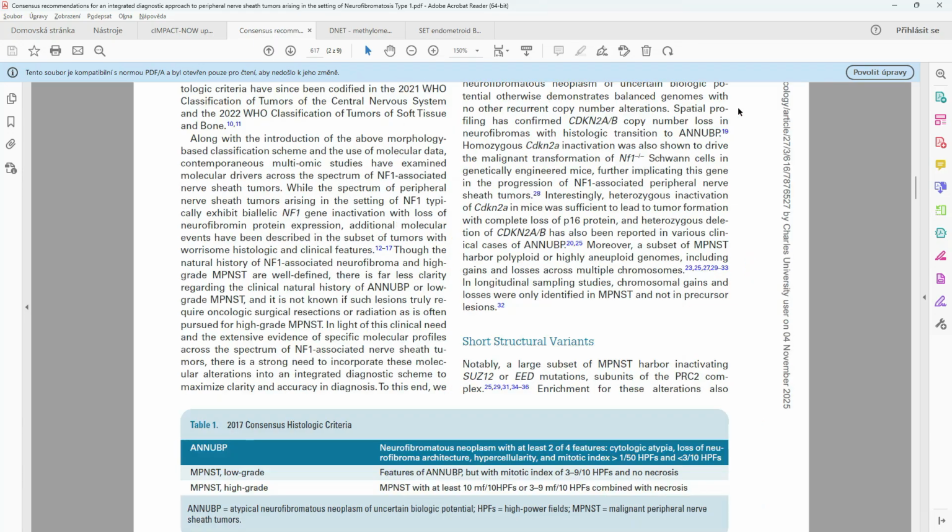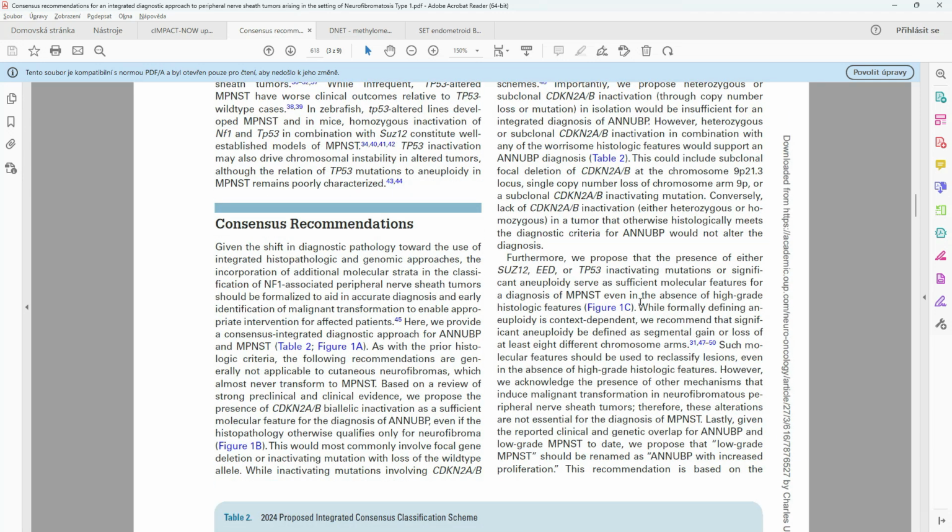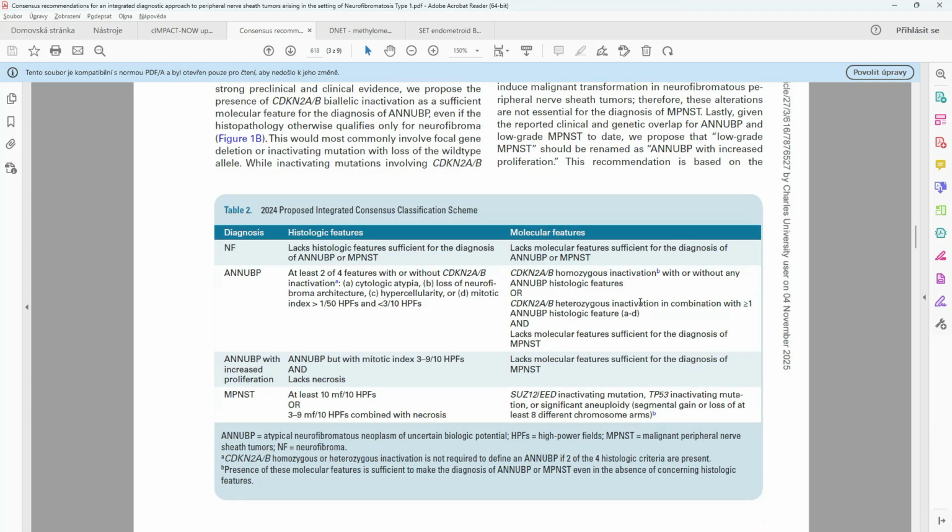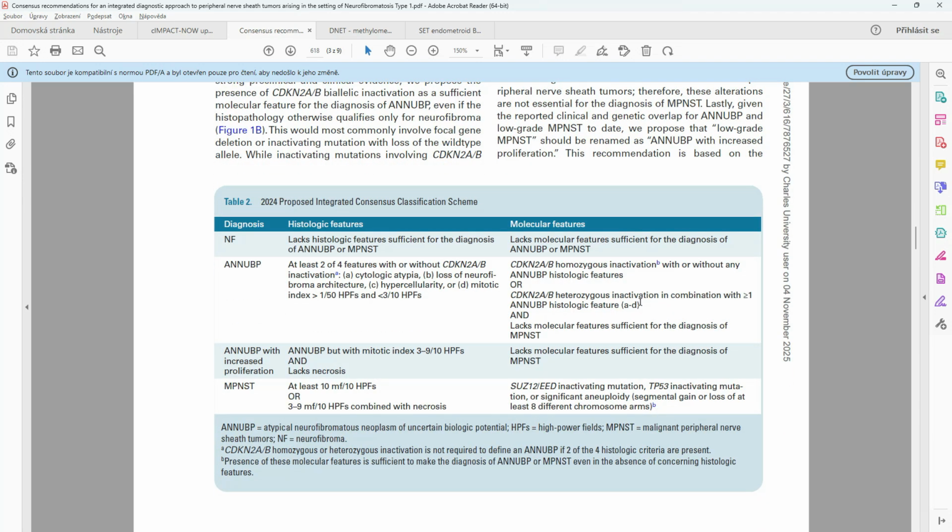So, it's important to remember that this table is for patients with NF1 syndrome. Sometimes if tumors are big like this and you have enough blocks, you may see areas of conventional neurofibroma and areas where it transforms into this atypical neurofibroma, or now we have this beautiful term ANNUBP.